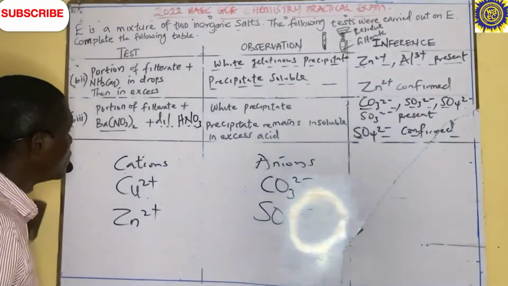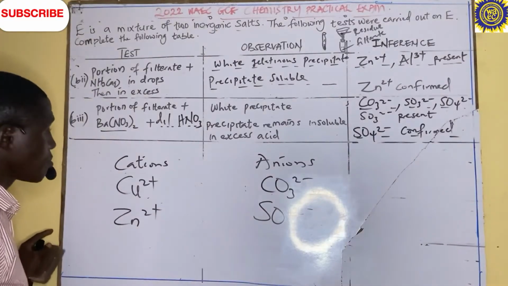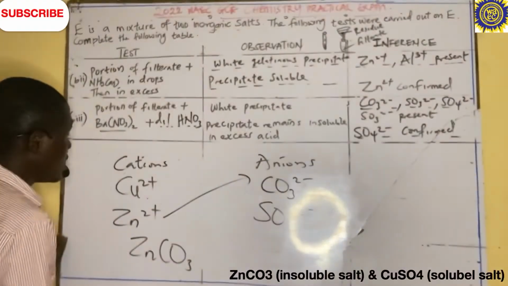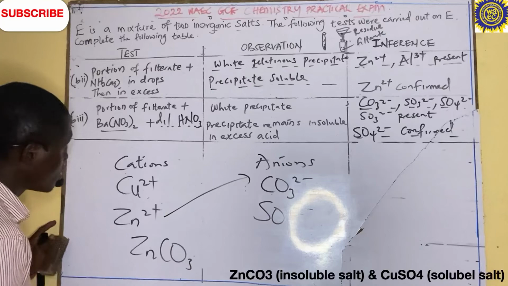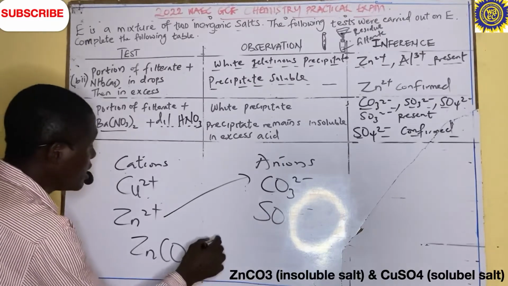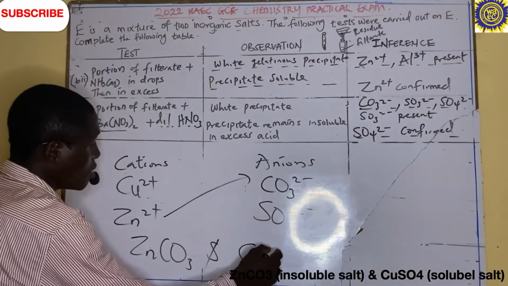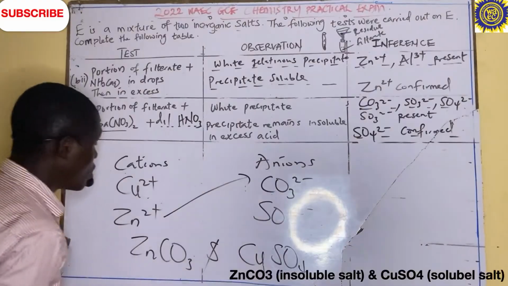So from here, you can easily guess that the inorganic salt, zinc carbonate, will be soluble, and then the insoluble salt will be copper sulfate, or vice versa.